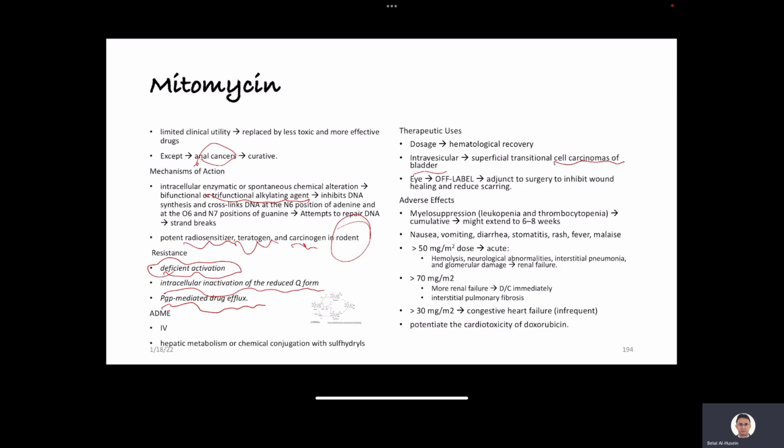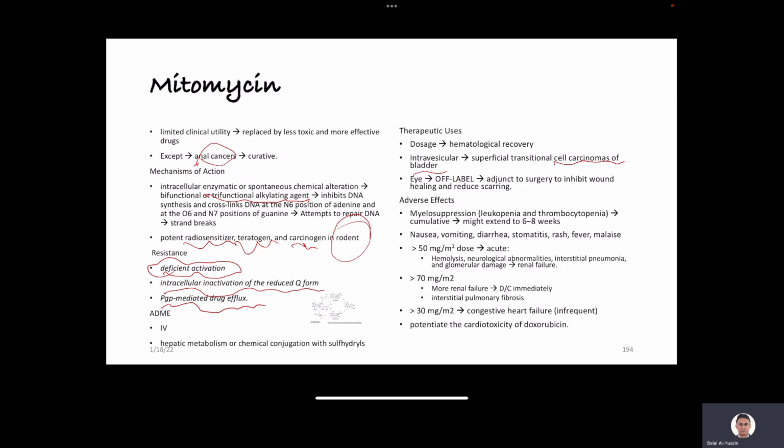In eye surgeries, especially surgeries that involve the cornea, like LASIK surgeries, they administer mitomycin at the scar, in fact, on the eye, to prevent formation of scar tissue and impairment of vision. So mitomycin is used in LASIK surgeries to prevent formation of scar tissue that would impair the vision.